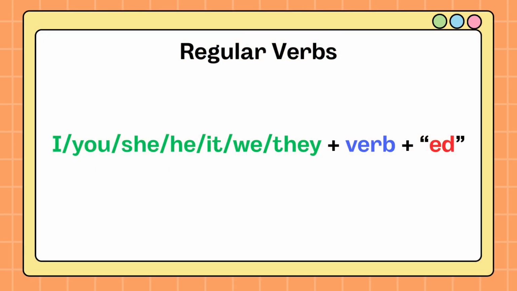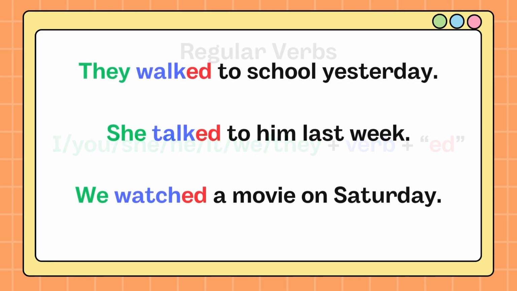For regular verbs, it's actually very easy. For I, you, she, he, it, we, they, we use the verb plus ed at the end. Here are some examples.